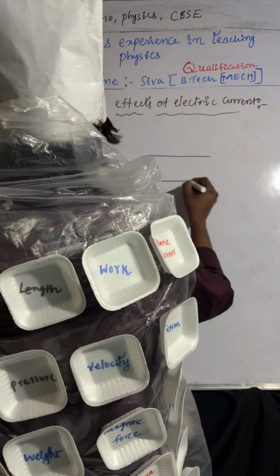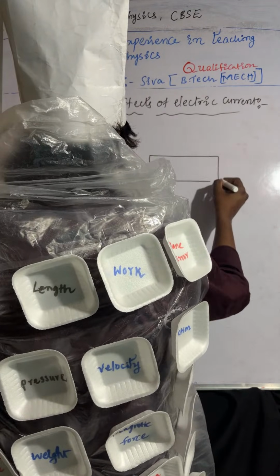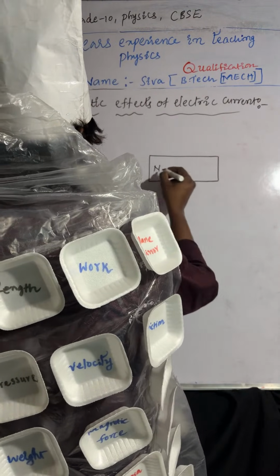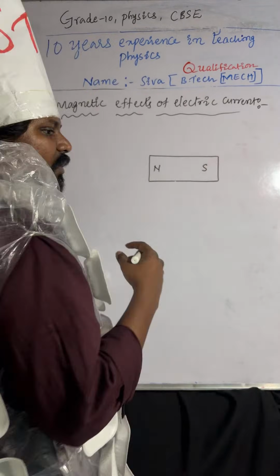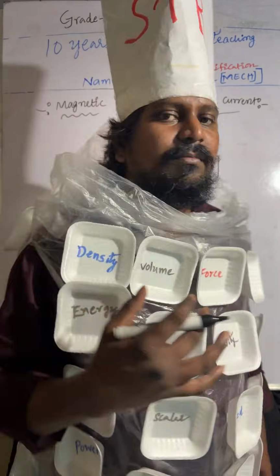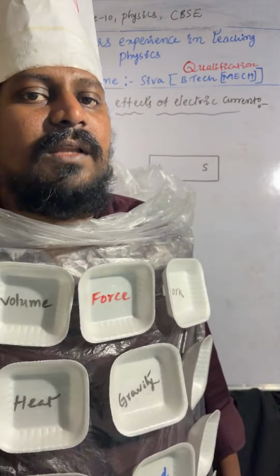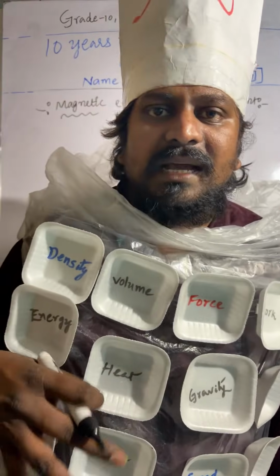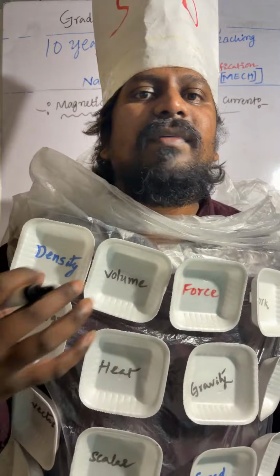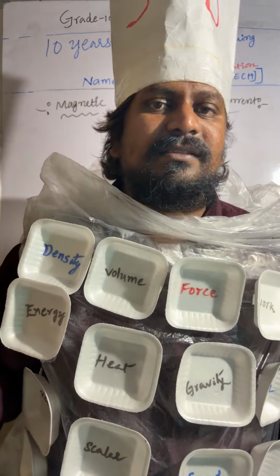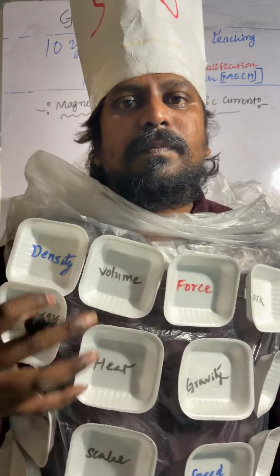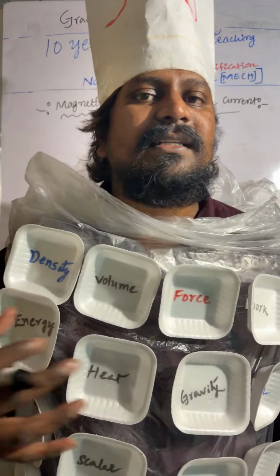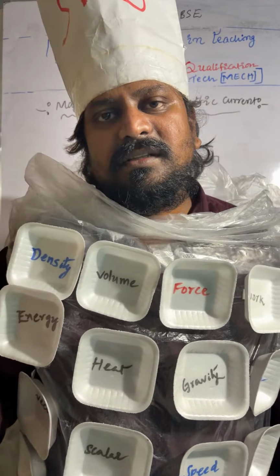It has a north pole and a south pole. A magnet has two poles. If you drop the magnet into sand, it is always attracted at the ends. Those are called poles. A magnet has two poles of equal strength.